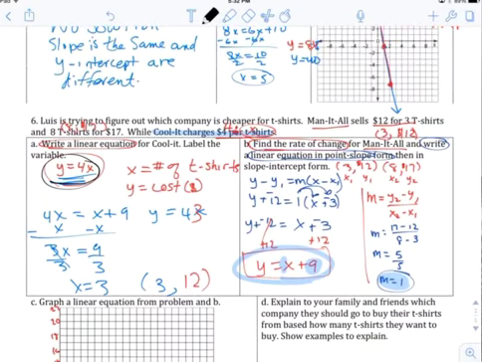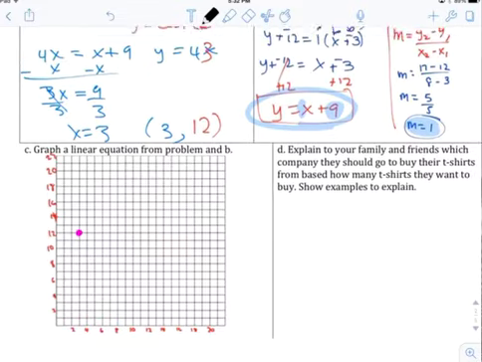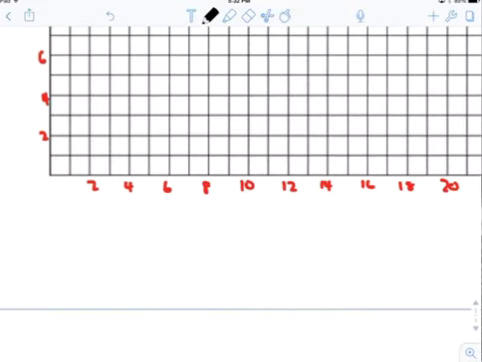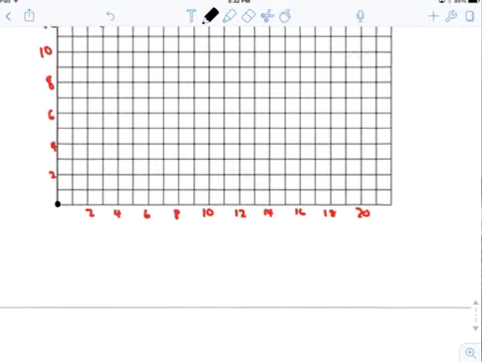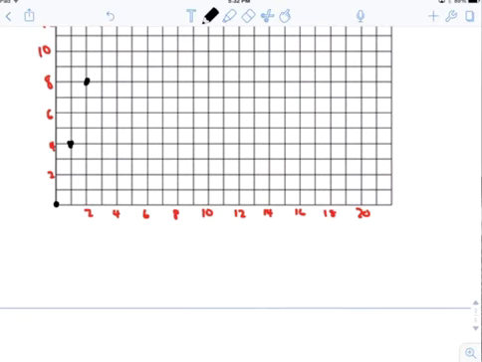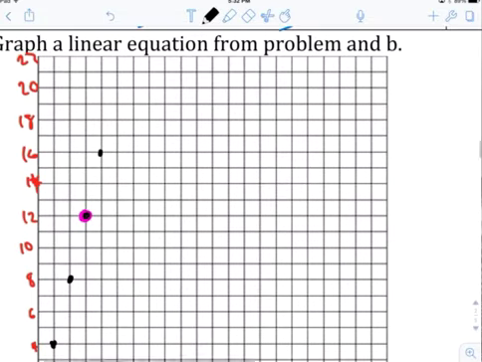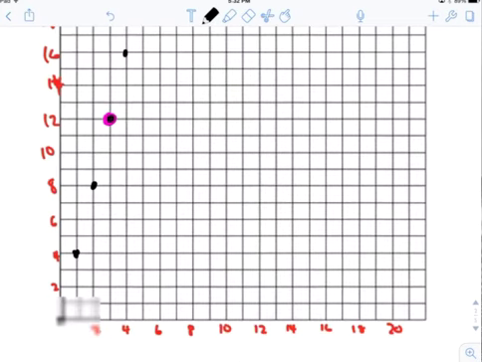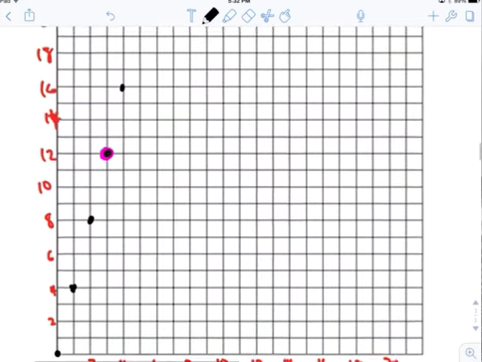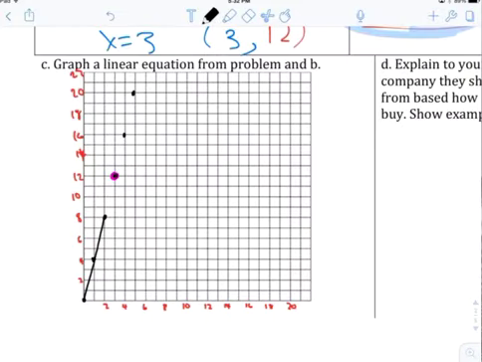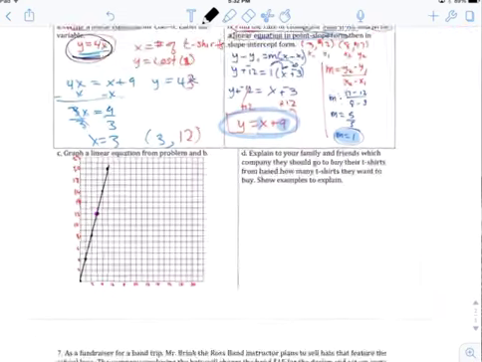Cool It is 4x. So you start out at 0, and you go up 4 over 1, up 4 over 1, up 4 over 1, up 4 over 1, up 4 over 1, and that is the equation for Cool It, right?